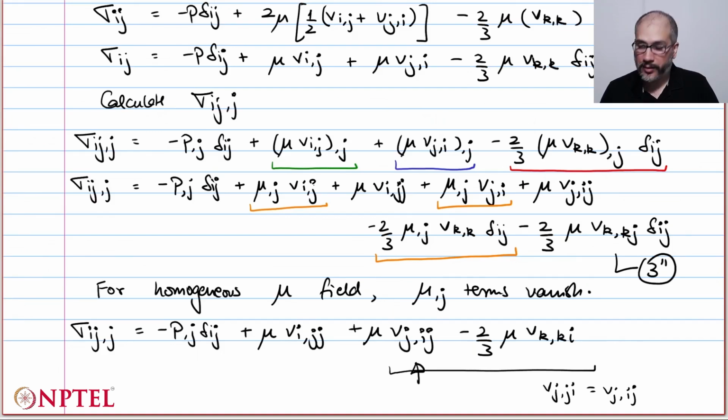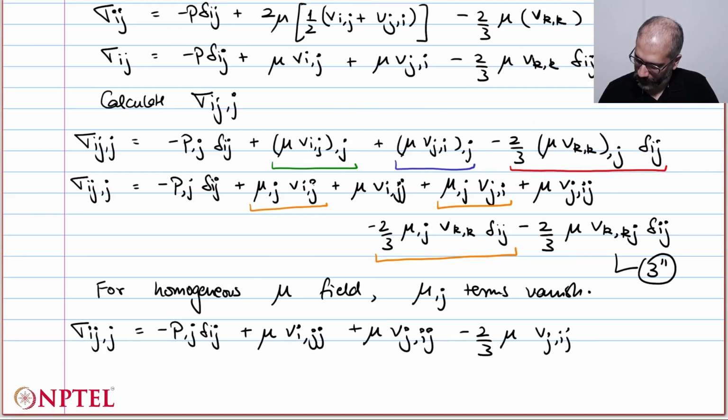So we can combine these two, and I'll do it here only. So this second vk comma ki, I'll write that as vj comma ij. And now we can see that this is mu minus 2 by 3 mu of the same quantity. So this can be simplified to mu by 3, and I can remove the last term out of this.